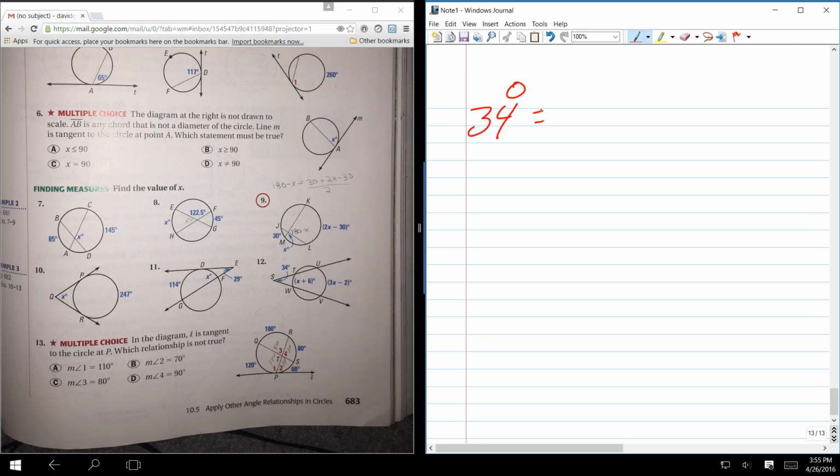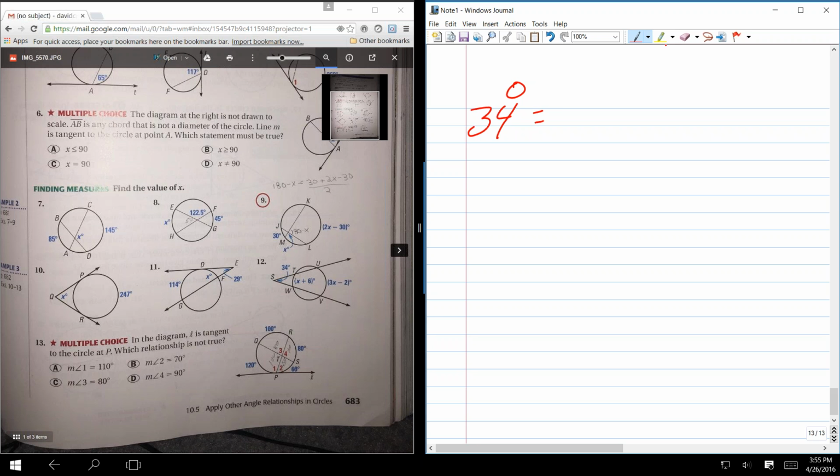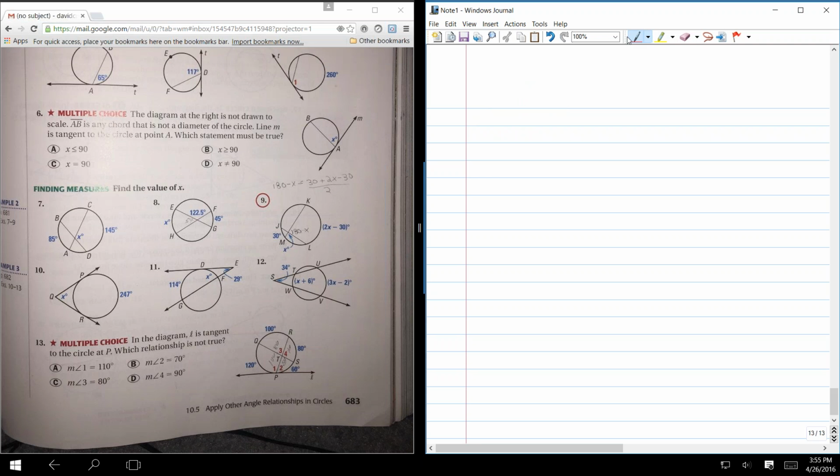Wait, hold on. How did you get that? 11. Okay. So I'm getting like negative something. Well, okay. So we have 114, that's the big arc, minus the little arc, minus x, divided by 2 equals 29.